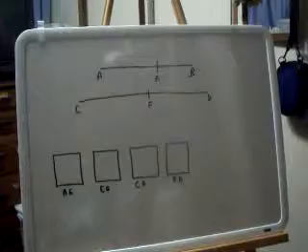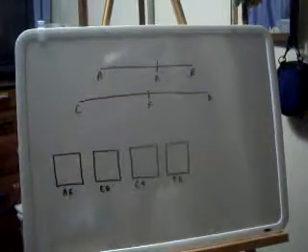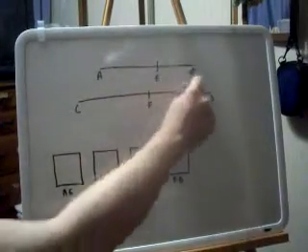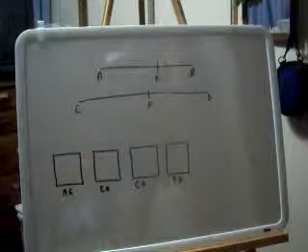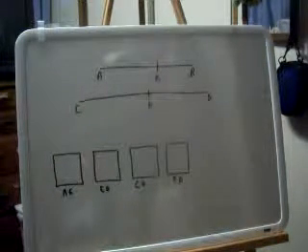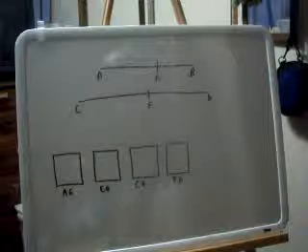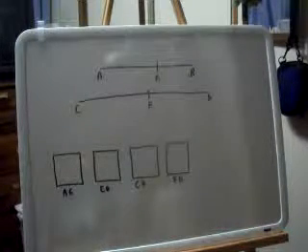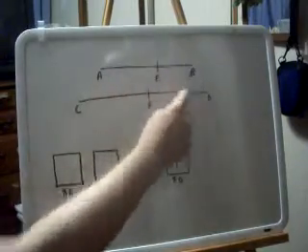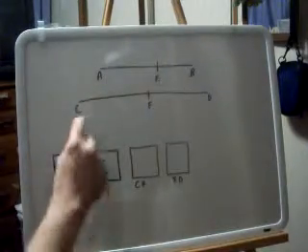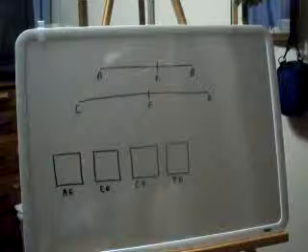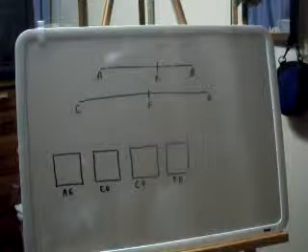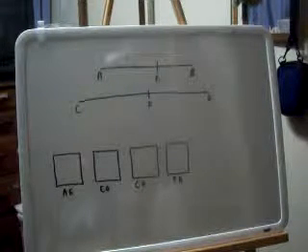And as AE is to CF, as this is to this, so is EB to FD. This is by Euclid Book 5, proposition number 2. Therefore, alternately, as AE is to EB, as this is to this, so is CF to FD, and this is by Euclid Book 5, proposition number 16.